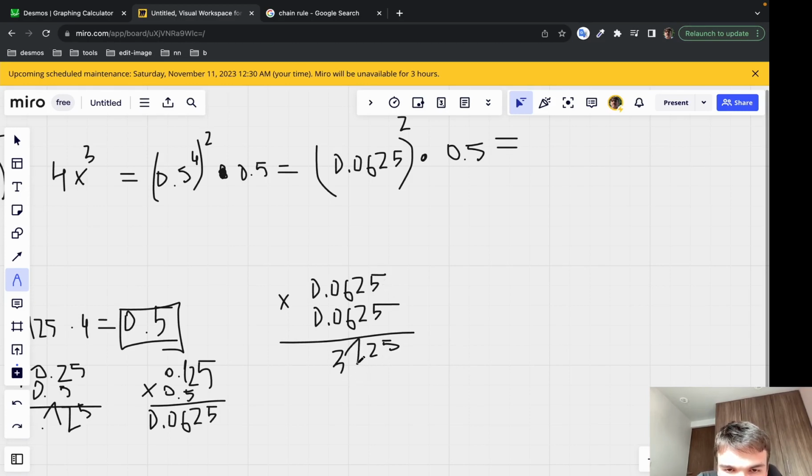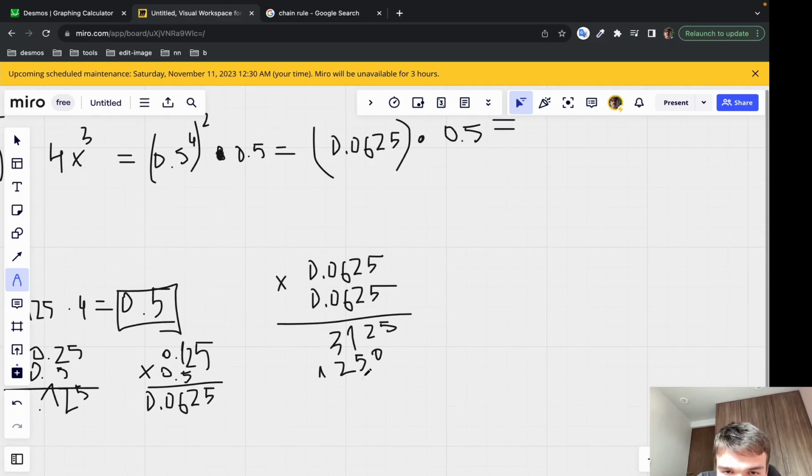It got complicated. So 3, 1, 2, 5. Okay, now 2 by 5 is 0, then 2 by 2 is 4, and plus 1 is 5. Okay, now it works. Then 2 multiplied by 6 is 12. Then 6 multiplied by 5 is 30, which is 0, and 3 we keep in mind. 6 by 2 is 12 plus 3, 15.